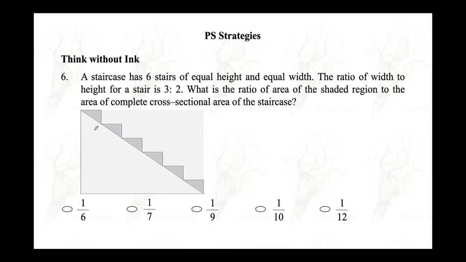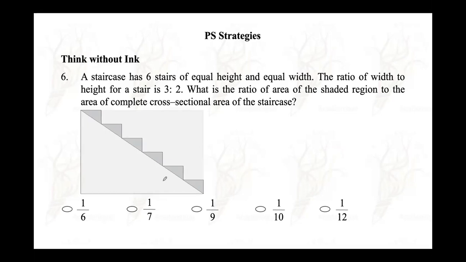Ratio of width to height for one stair is 3:2. What is the ratio of the area of the shaded region to the area of the complete cross-sectional area of the staircase? So fundamentally, they are asking for the ratio of the shaded region, summation of these regions, with respect to the complete cross-sectional area.